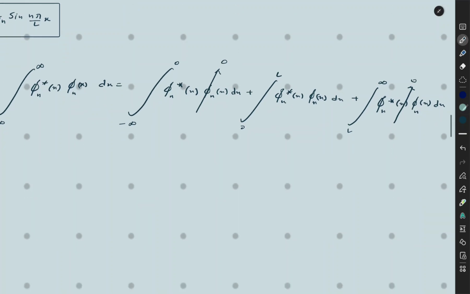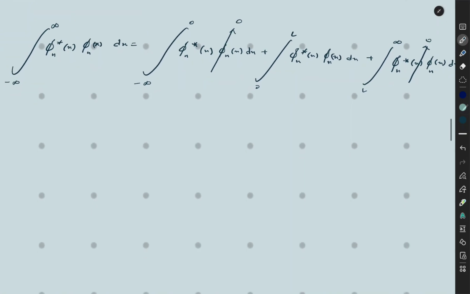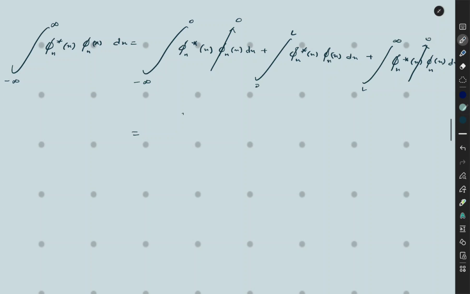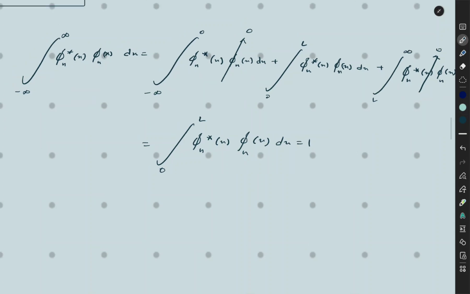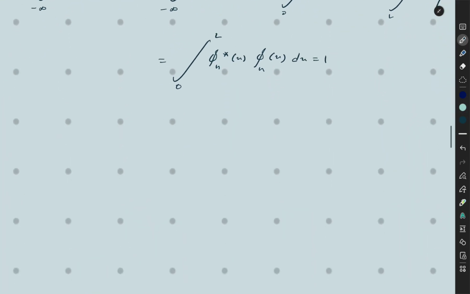All the probability of finding the particle is inside the box. So if we consider only the 0 to L part, it will be 1, because the maximum probability is 1, and the particle is inside the box.